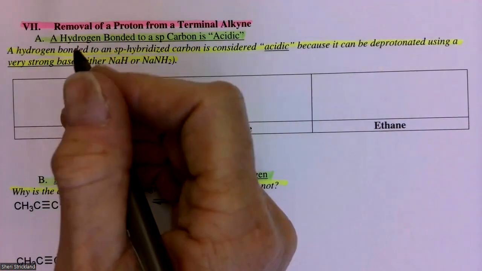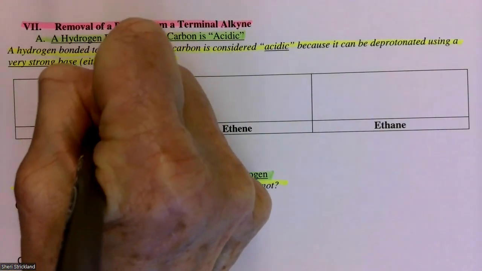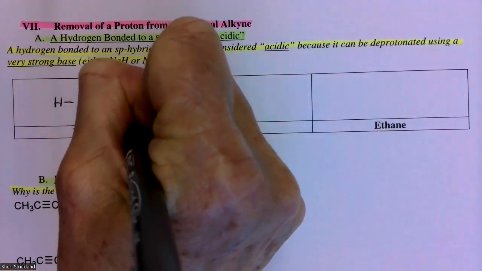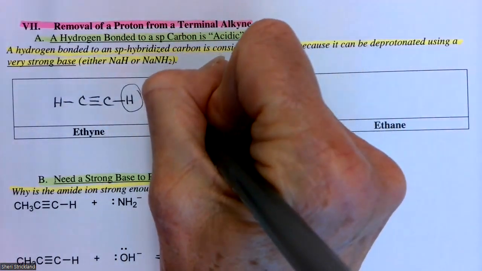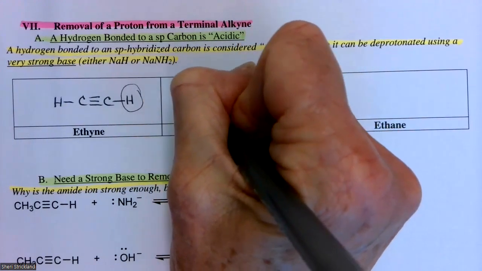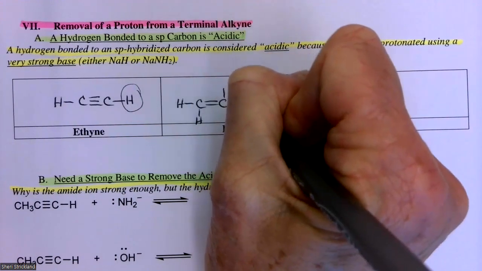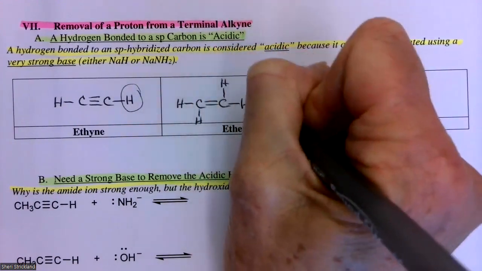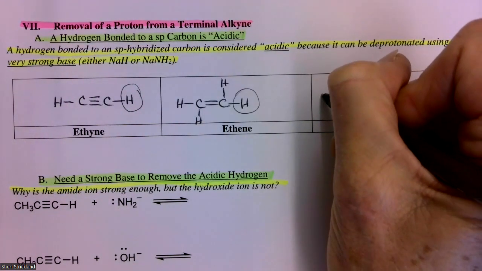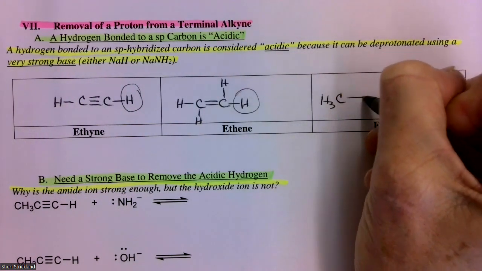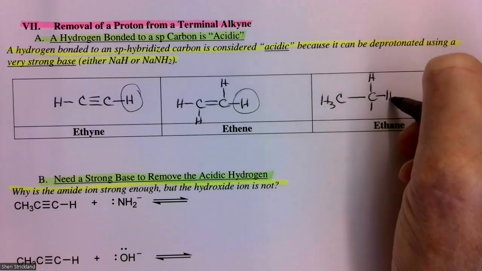So we're just going to draw these structures in here so we can see the comparisons here versus just do ethene, and we'll just pick one of the hydrogens as ethene. And ethane, I think I'll leave those tucked down, and then pull these out.